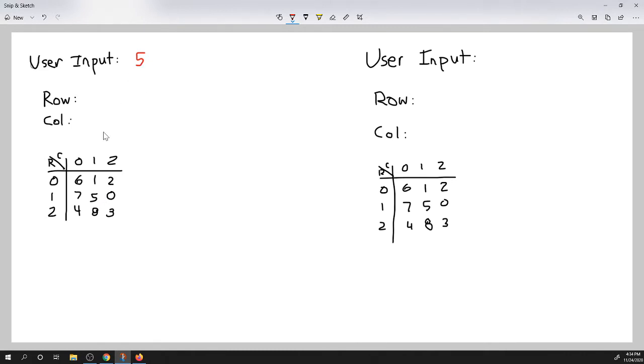All right, so the first step would be to find what row and what column the 5 is in, right? The 5 is in row 1, column 1. And then what you would want to do is look at the number that's directly above, the number that's directly below, the number that is directly to the right, and then the number that is directly to the left of the 5 once you find it.